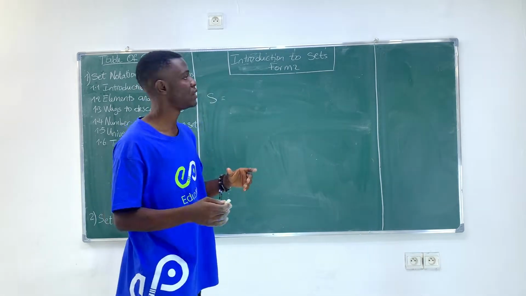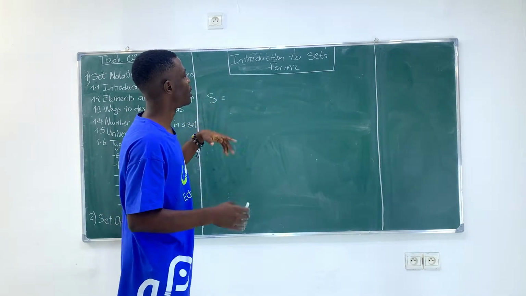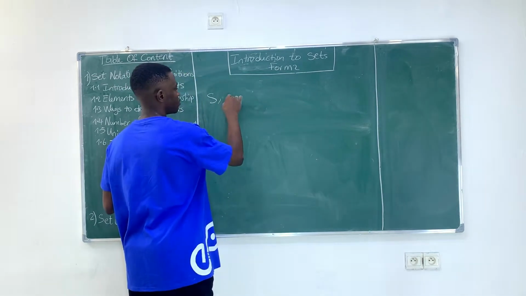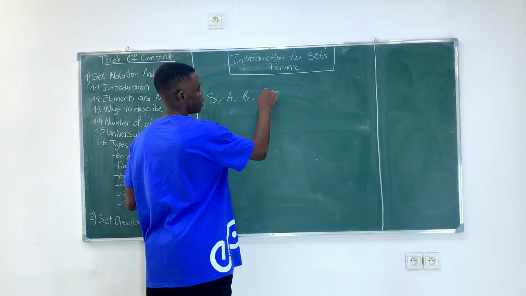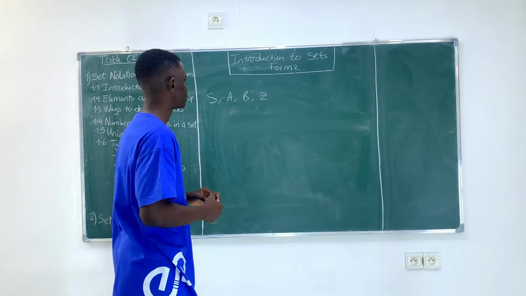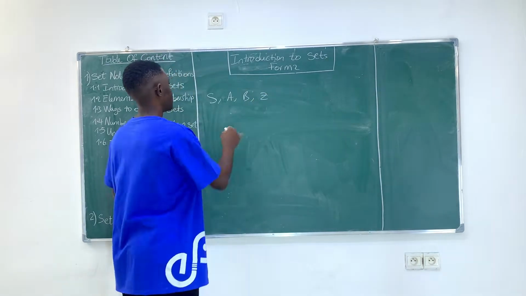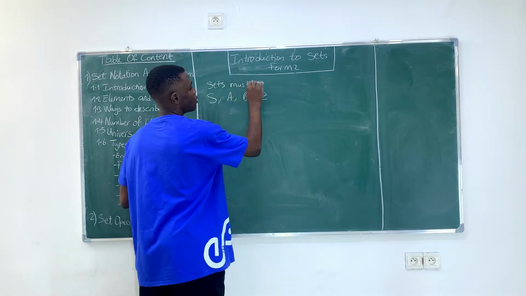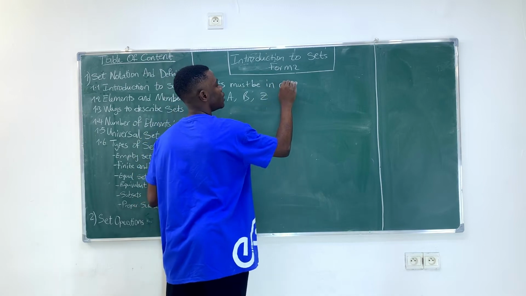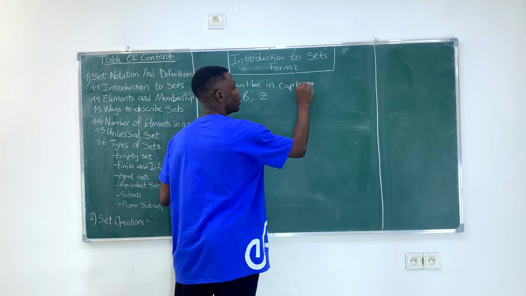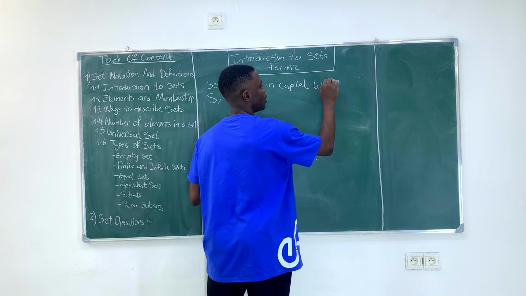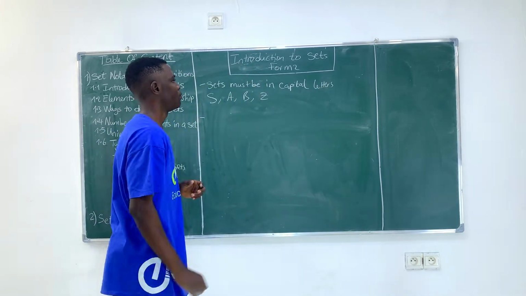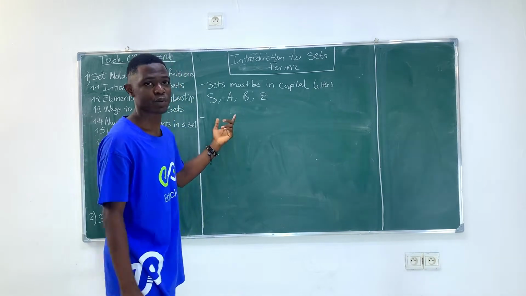Any set, even if it is a set of students or a set of whatever, must be represented in capital letters: A, B, Z. Sets must be in capital letters. So a set must be represented as a capital letter.